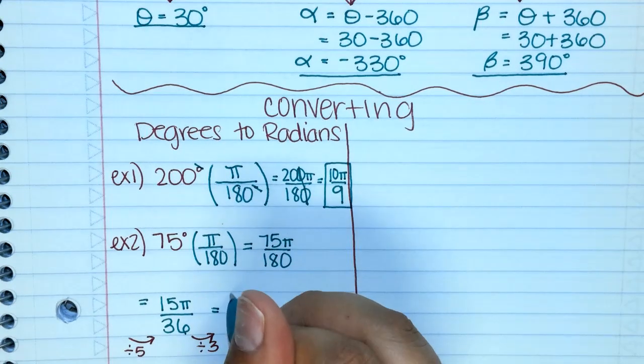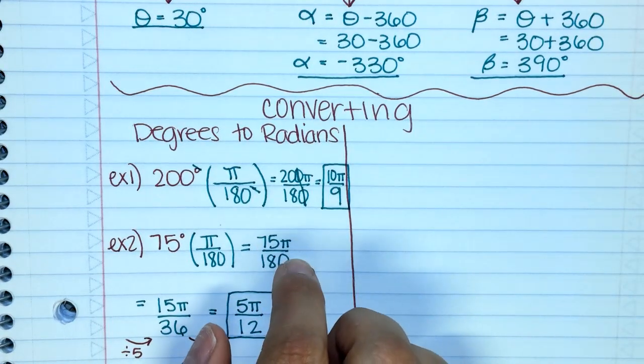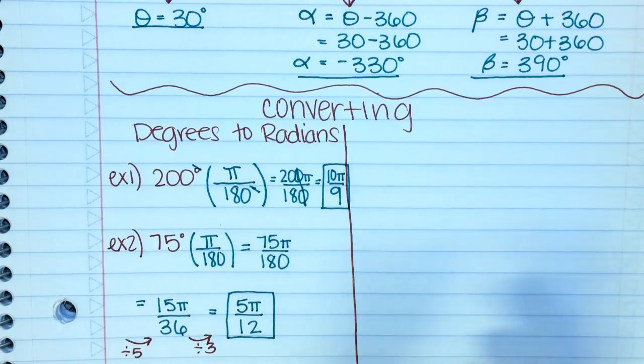No, I'm done. Could you have just reduced by 15 from the get-go? Sure. Would you have known to do that? Some of you, yes. Some of you, no. So if you know the greatest common factor that you can reduce by, do that. But if you don't, you can just keep reducing. No big deal.